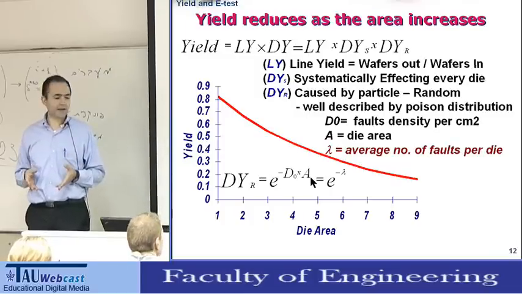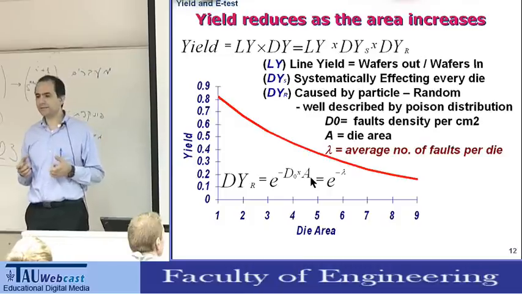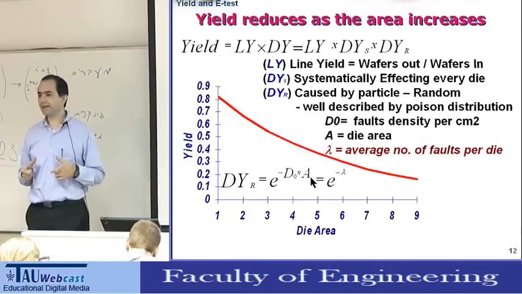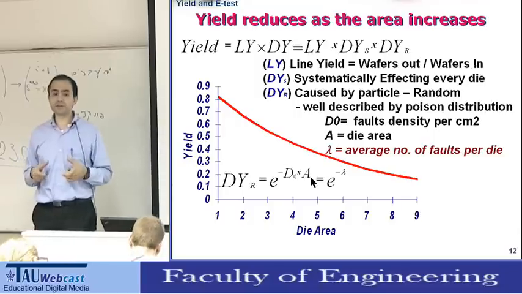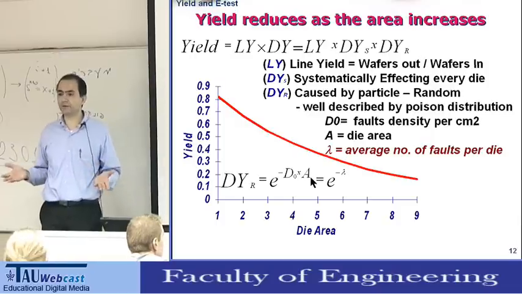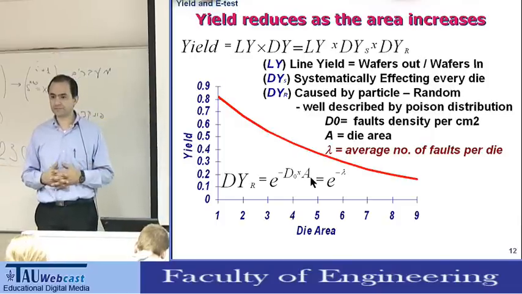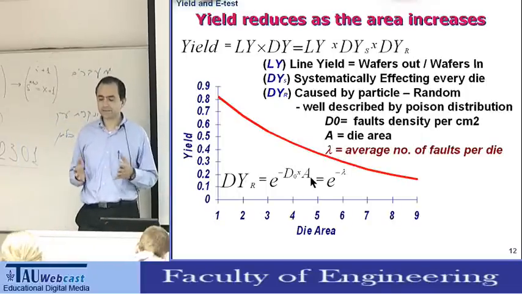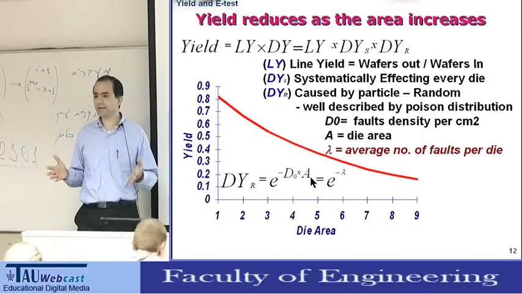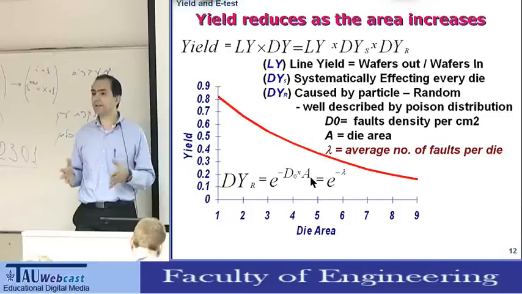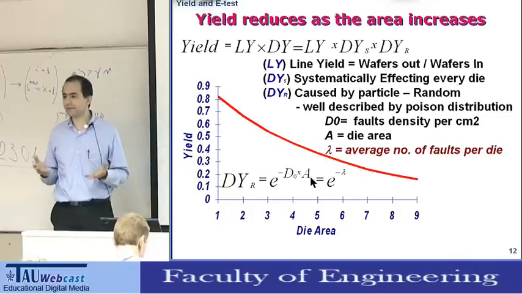But if we have a defect density of 1 particle per square centimeter, and the die area is 4 square centimeters, it means on average we have 4 particles on every die. The yield will be very close to 0, if not absolutely 0. Okay? So it's very clear that a bigger die will get more particles. So the bigger the die, the lower the yield, and the relationship is exponential.